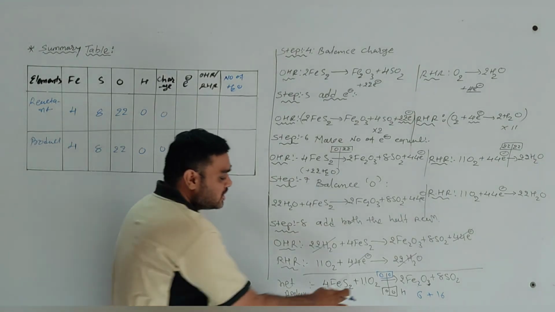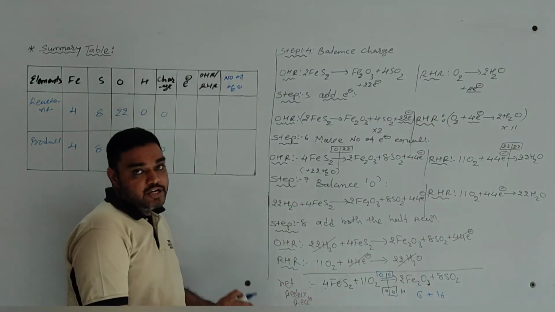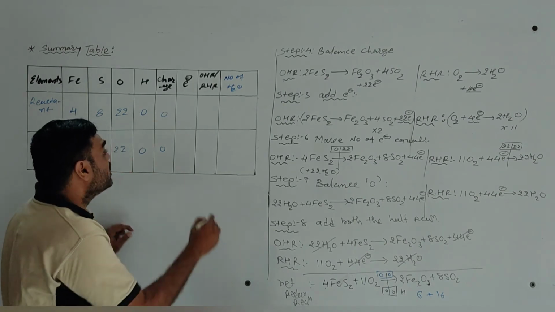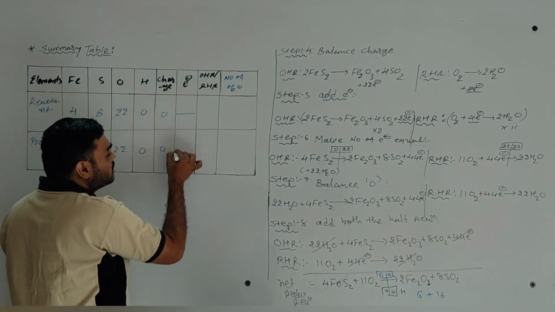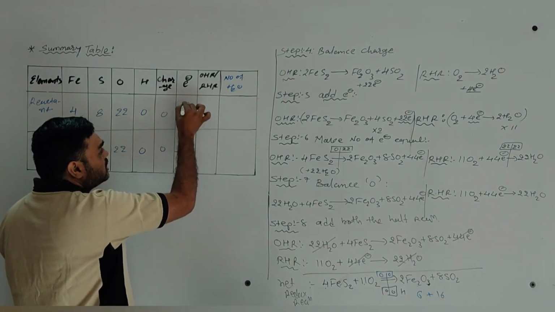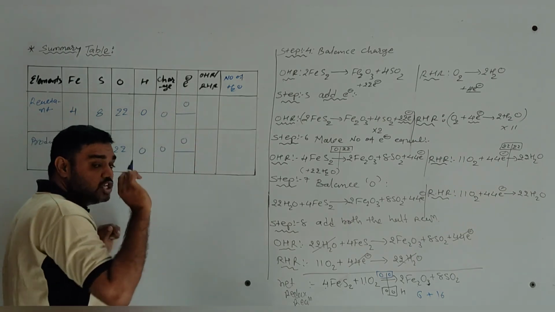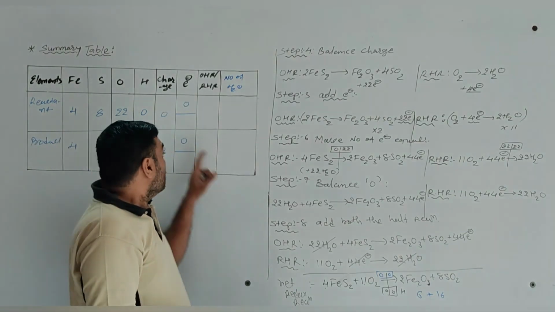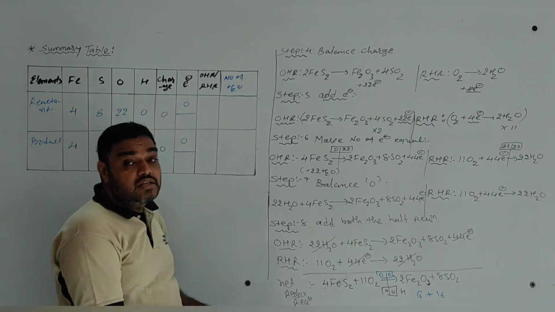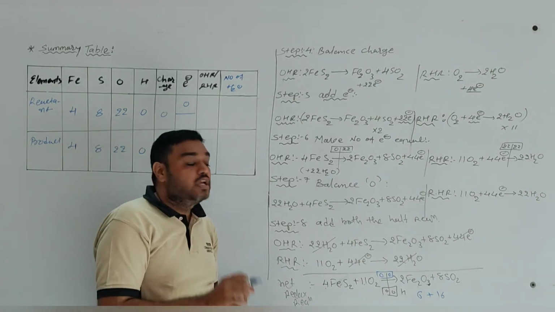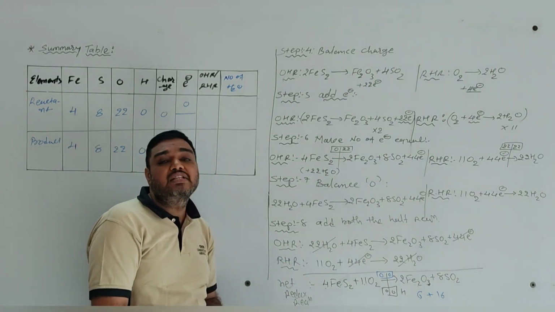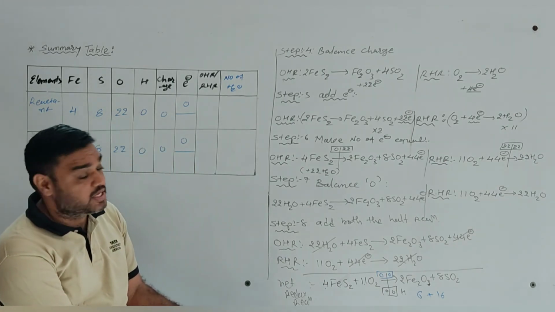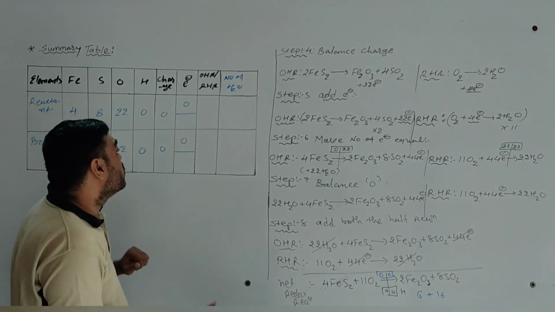The number of electrons is not present in the net reaction, but how many cancel out? I will make two columns: 0 electrons, 0 is a must in the net reaction, because in a balanced redox reaction electrons are not present. But how many cancel out?